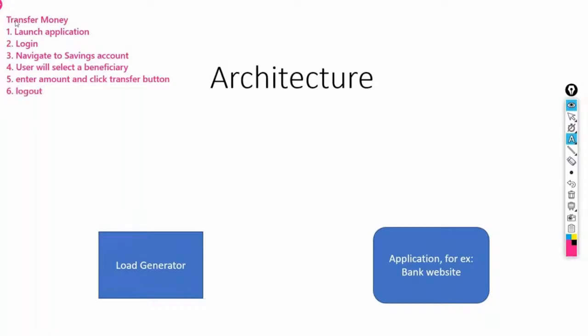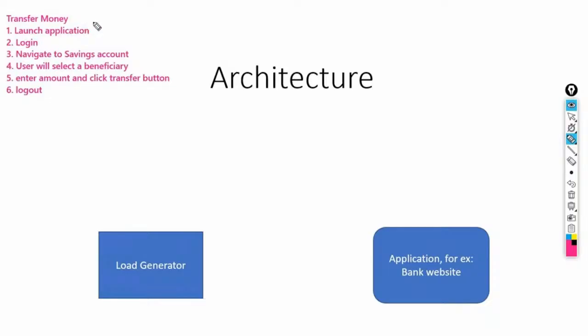So, aren't these the steps that a normal person would perform to transfer money from one account to another account, right? So we have to do performance testing, let's say, for this scenario. Now, how do I do that?